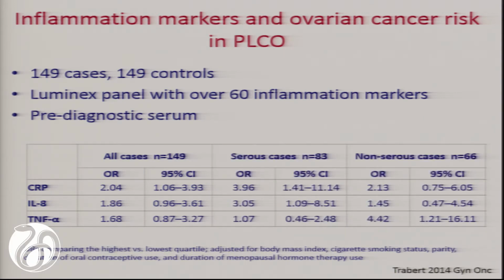Stratifying this again by serous versus non-serous cases, we saw different patterns for individual markers. Again, we see CRP is more strongly associated with serous cancers, IL-8 more strongly associated with serous cancers, and then TNF-alpha is much more strongly associated with non-serous cancer. Again, showing we have those different patterns.